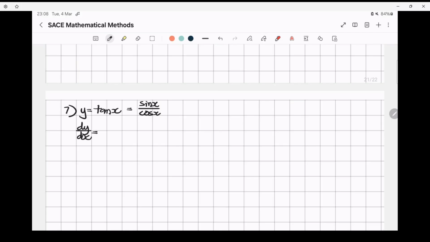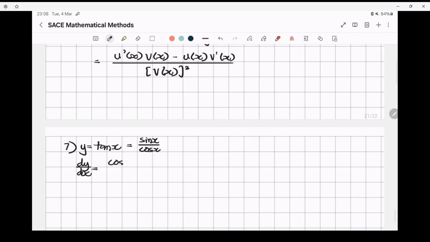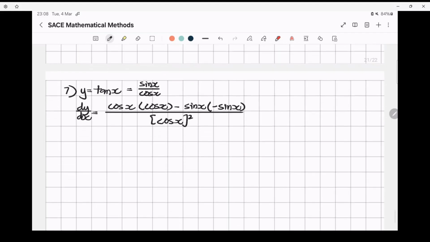Quotient rule states that you keep the denominator, differentiate the numerator, minus keeping the numerator the same, and then differentiate the denominator, which is minus sine x. Then you need to square the denominator. So on top you have cos square x plus sine square x, which equals 1, over cos square x. So that's the derivation for y equals to tangent x.